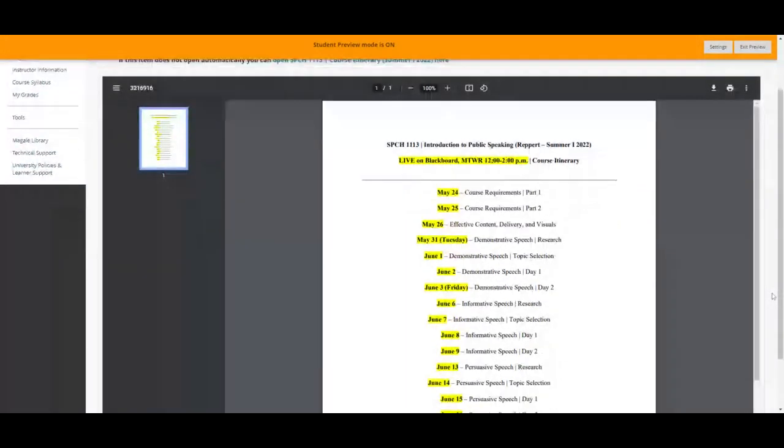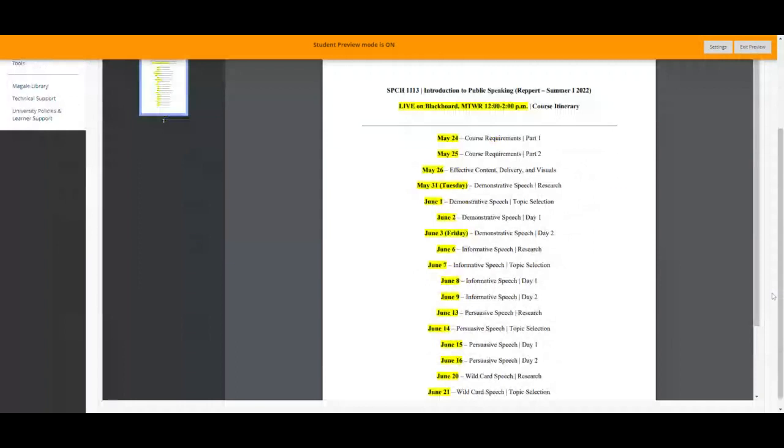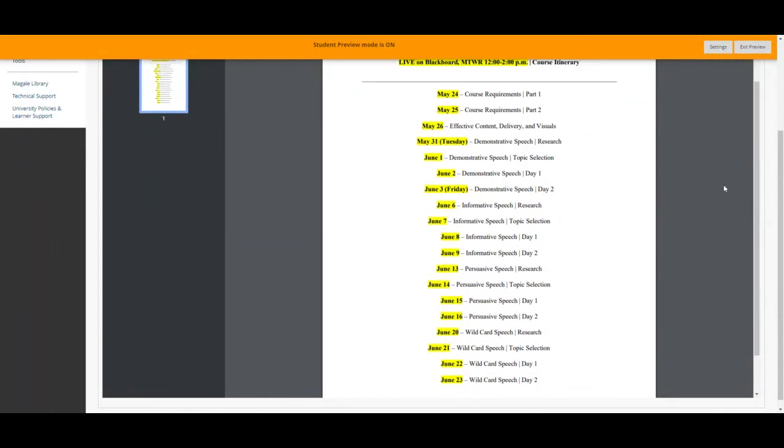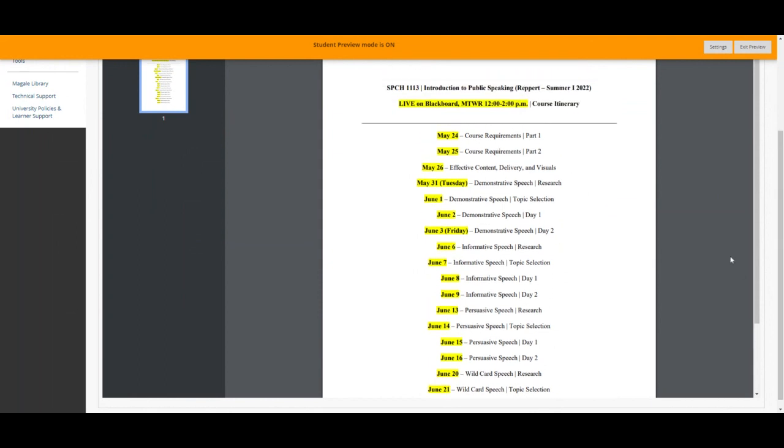In that way, everyone has exactly the same amount of preparation for presentations during the semester, meaning that if you're in the early part of the alphabet, you can pretty much take it for granted that your presentations, demonstrative, informative, persuasive, wild card, would always be on day 1.